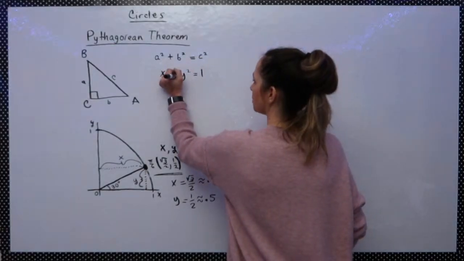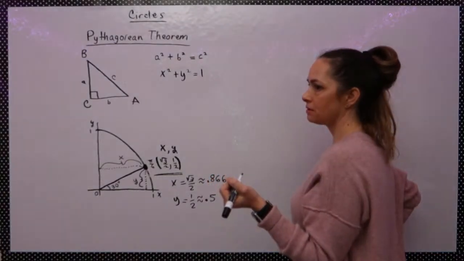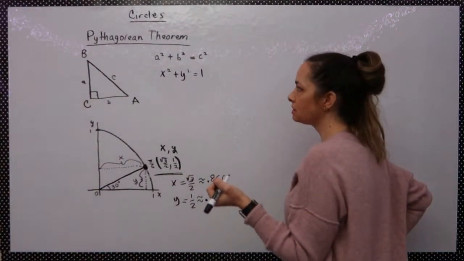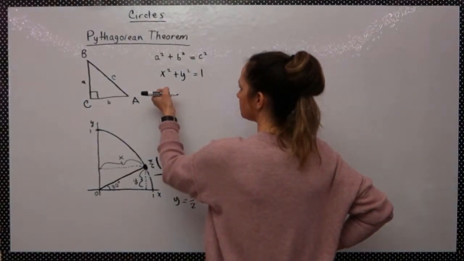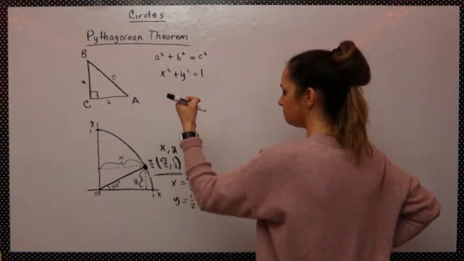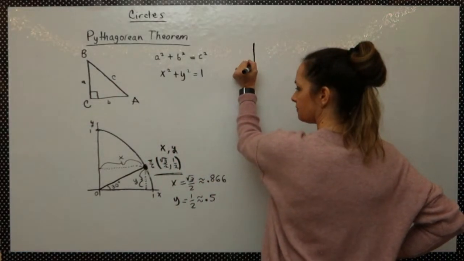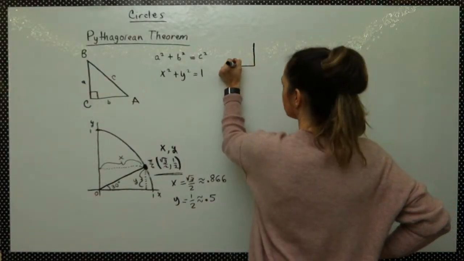And this is where they came up with the Pythagorean identities in trigonometry. If you notice that you have this triangle here, let's see if I can replicate it exactly the way it looks.